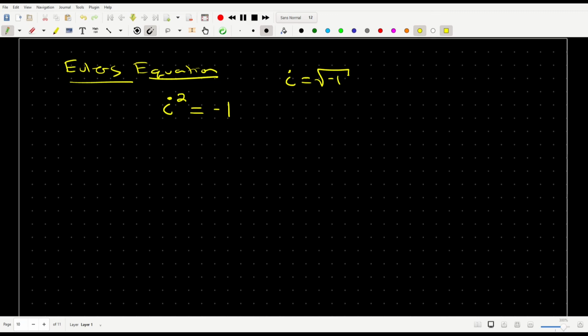I won't be getting into any of that here. Basically, the only thing that you need to know about i is that it's an imaginary number, and when you square it, you get negative 1. No real number has this property, but i does have this property.